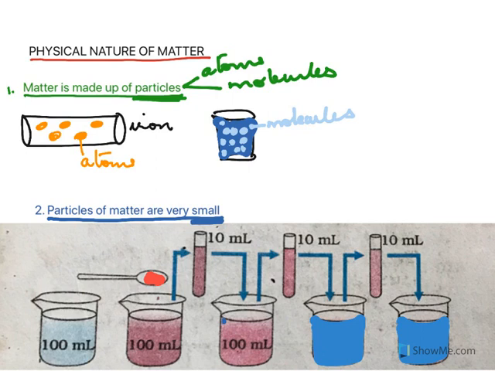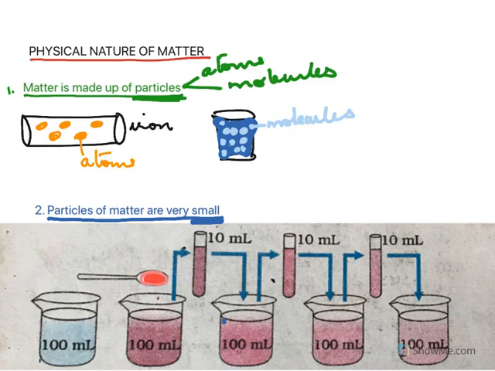Take 10 ml from this beaker and add it to the next water. This again turns pink, but it's a lighter pink. Then you again do the same process, and the third beaker also turns pink, but the pink gets lighter and lighter. So we have seen just a few drops, a few particles of potassium permanganate.